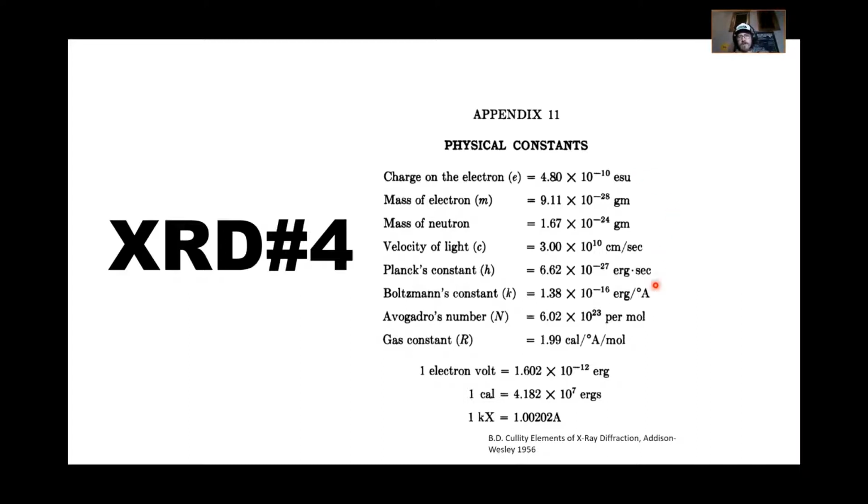Other kind of interesting units, they even have a unit for the electron volt. I've always learned the electron volt being the elementary charge times the voltage, basically, and here they give this in terms of ergs. Then 1 kx, which comes back to us later on in this lecture, is 1.00202.